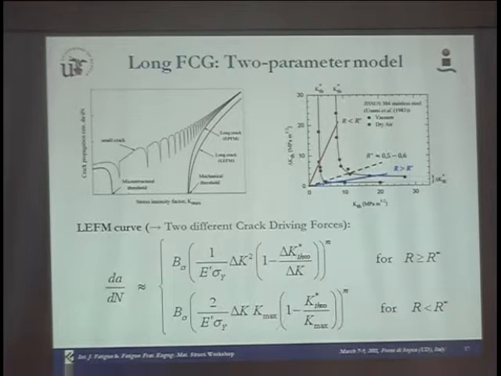In the long crack regime we need to assume that the plastic zone has many grains, and if we go to that assumption, doing some simplification in the equations, we end up with these two equations. The first one came from the cyclic threshold, and the second one came from the static threshold. But it's only a simplification.